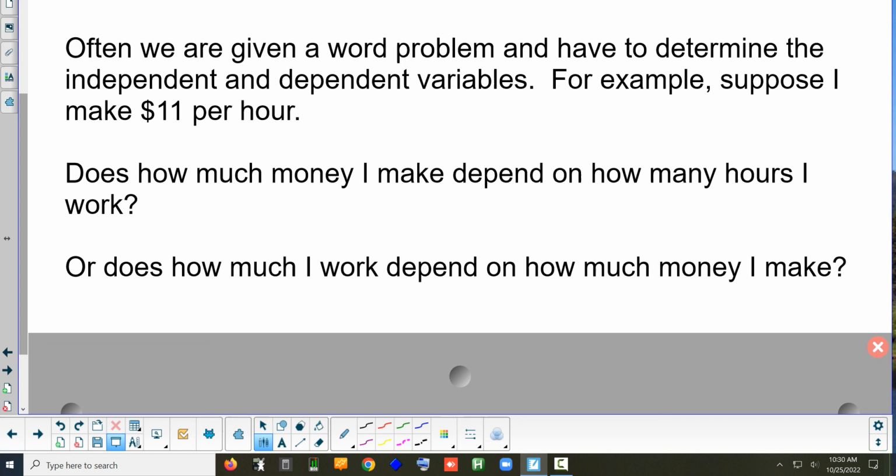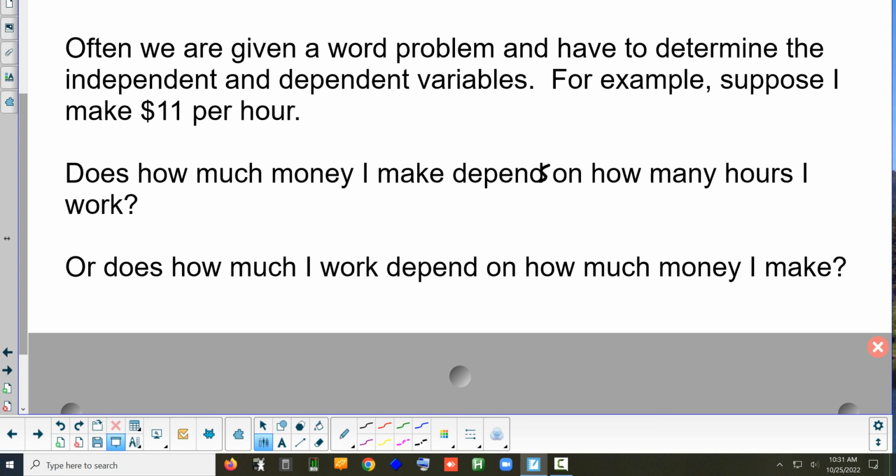Let's say that I work at a job and I make $11 per hour. Would it make more sense to say how much money I make depends on how many hours I work? Or does it make more sense to say how much I work depends on how much money I make? One of those doesn't really make sense, but the other one makes a lot of sense. Yeah?